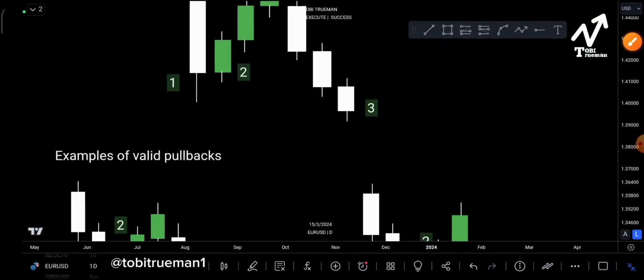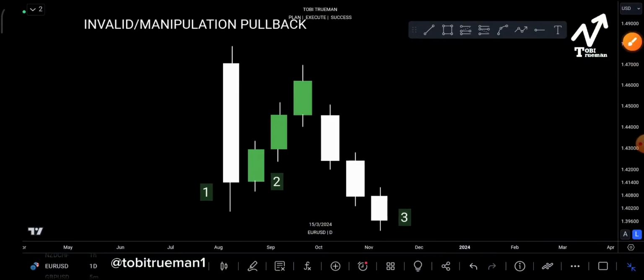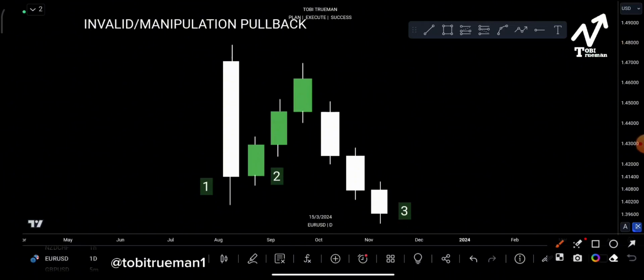Now let's look at what we call an invalid or manipulation of pullback. What can we notice here? When price is making a downward movement, this is candle 1. Candle 1 low point, candle 1 high point. And what is our condition for having a valid pullback?